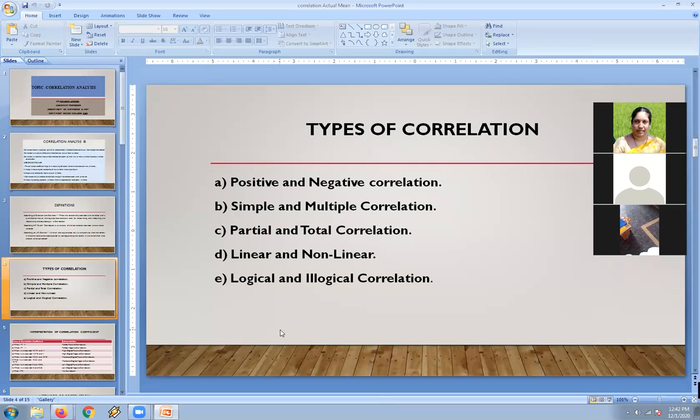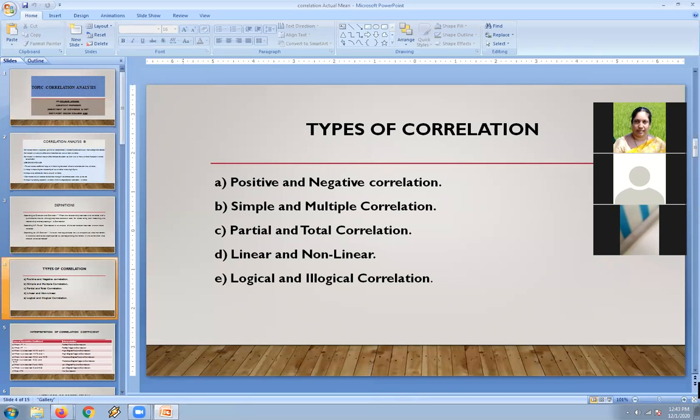Let us go for the second category, simple correlation and multiple correlation. What do you mean by simple correlation? Simple correlation is where only two variables are involved in the study. When we study only two variables, only two factors, such kind of correlation is called simple correlation.